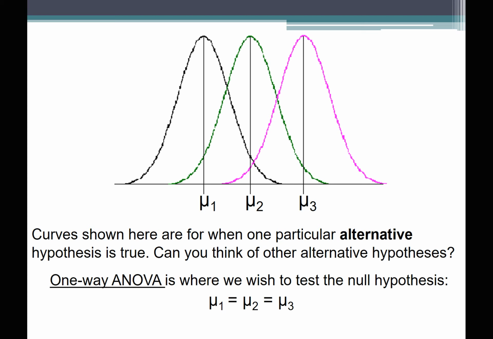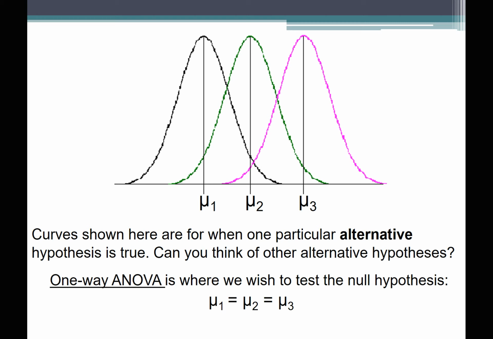So with one-way ANOVA, and one way just meaning that we have one independent variable, what we're actually testing in terms of the null hypothesis is whether the three, or three or more, means are different or if they're the same. So the null hypothesis would be that all of our means are the same. In this case, mean 1 is the same as mean 2, which is equal to mean 3, which is the same as mean 1.